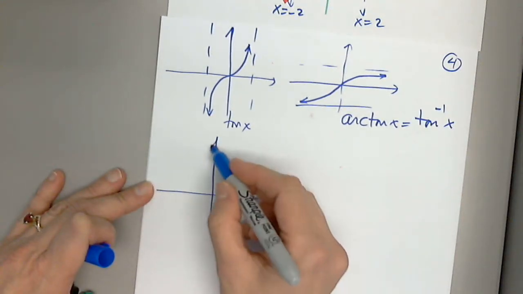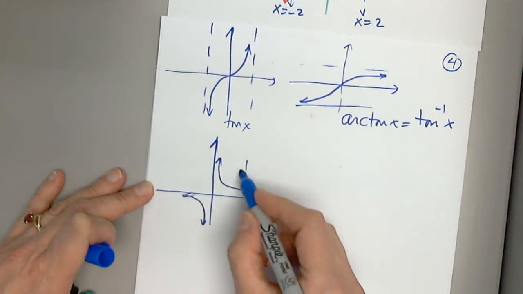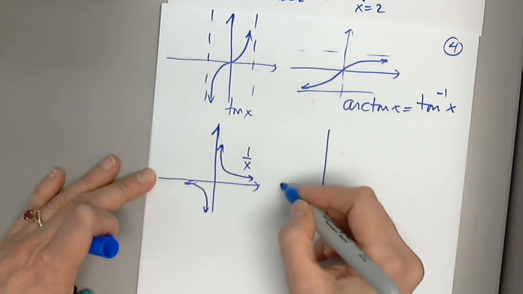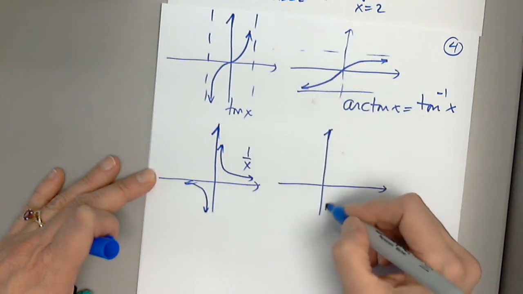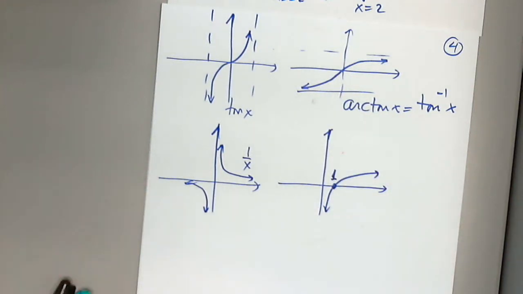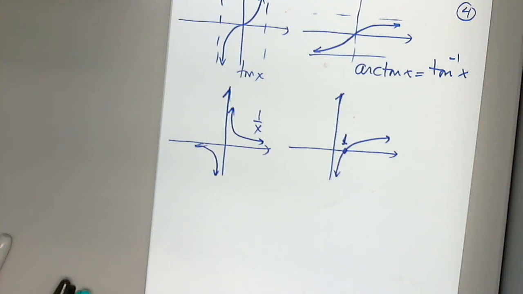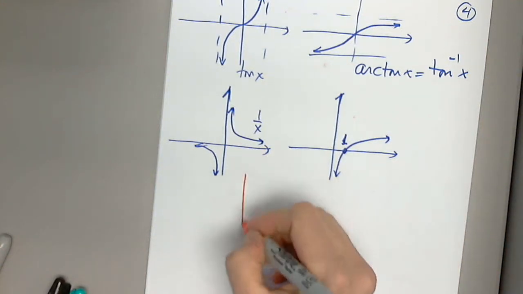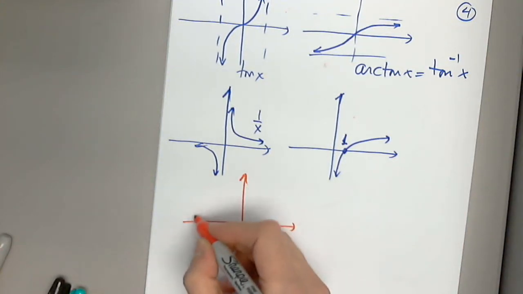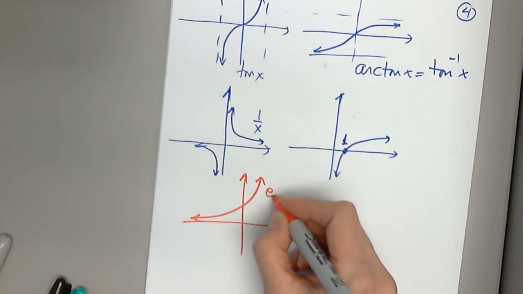The graph of 1 over x. Very important to remember. The graph of natural log. Very important. It crosses at 1. And now I would like to add the graph of function e to the x, of course.